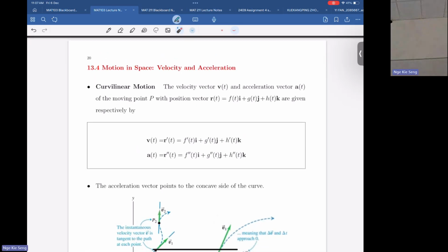phase curves, there is an application in physics or real life about velocity and acceleration. How do we understand the tangent vector, and how do we understand the derivative of a tangent vector? Again, double derivative. Whatever you learn now, you only differentiate up to twice.